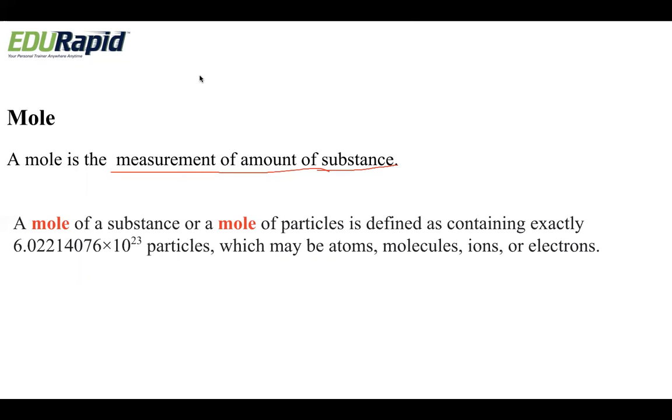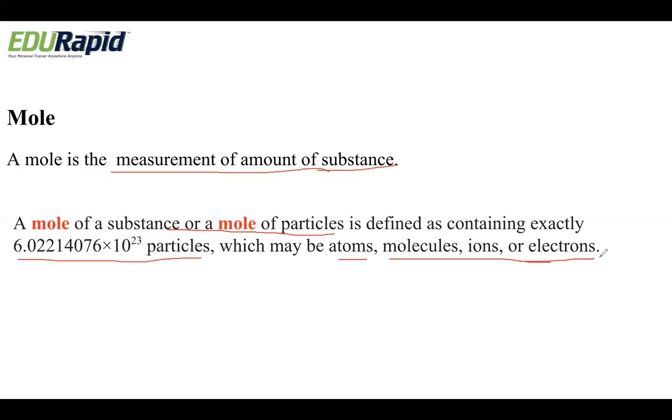A mole of a substance or a mole of a particle is defined as containing exactly 6.022140076 into 10 to the power of 23 particles, which may be atoms, molecules, ions, or electrons.